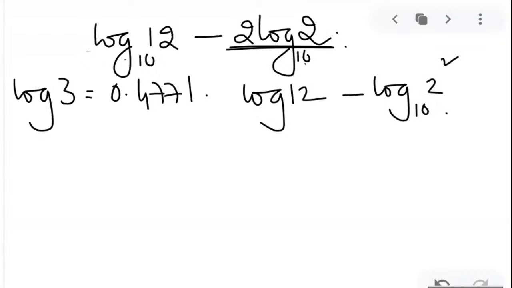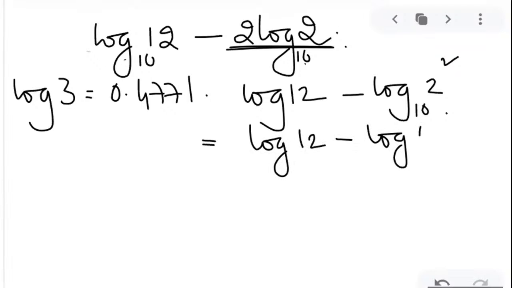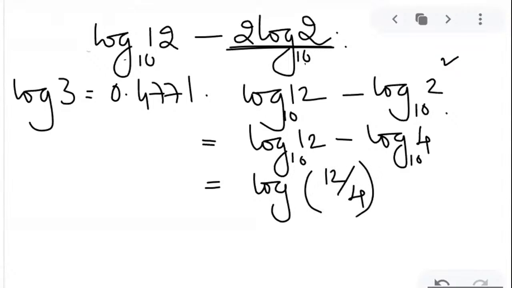What is the next step? Log A minus log B is equal to log A by B. That is log 12 by 4 base 10. That is log 3 base 10. That is exactly what I gave.